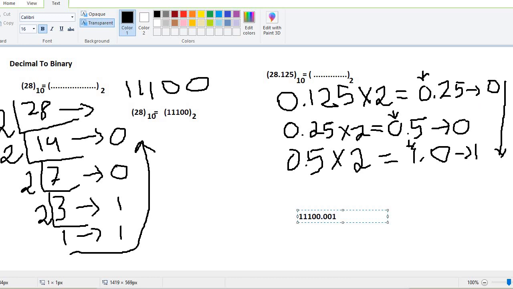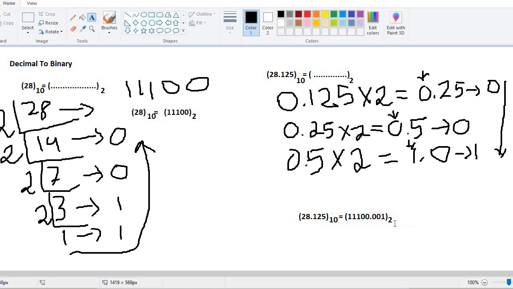So the conversion of this decimal into binary, we get this one.